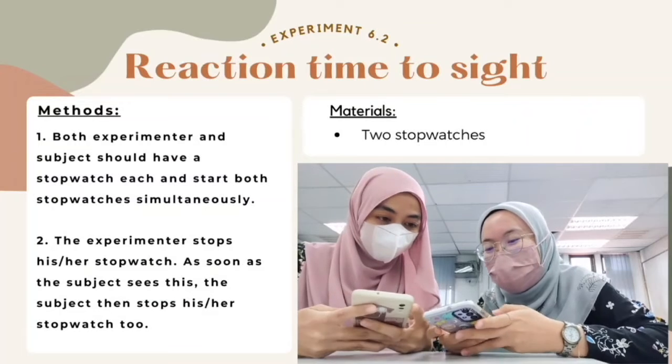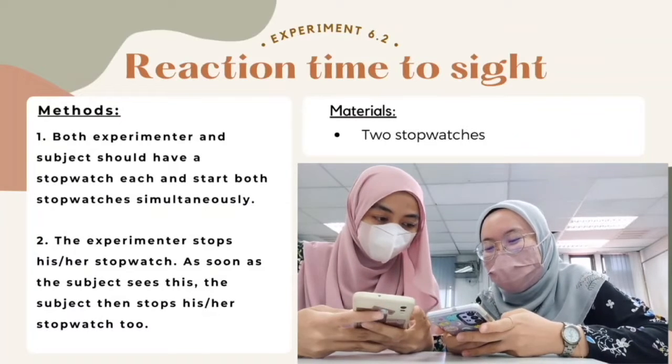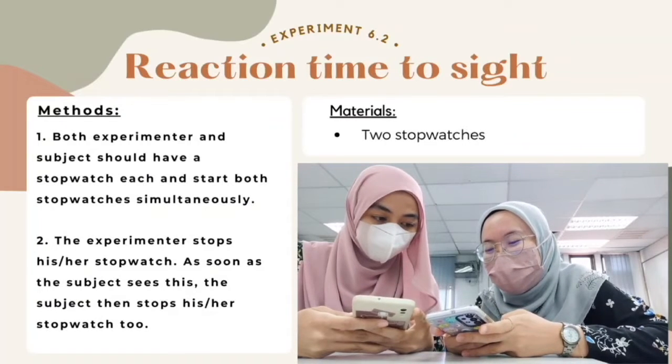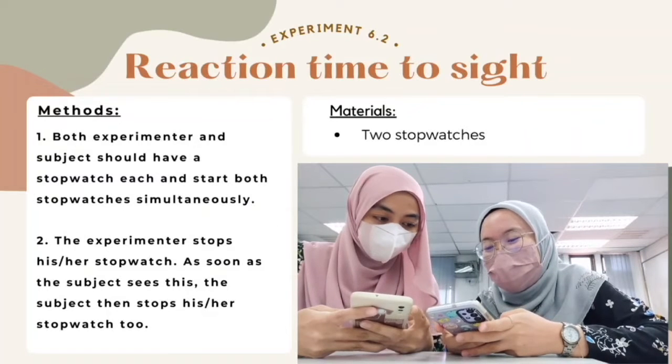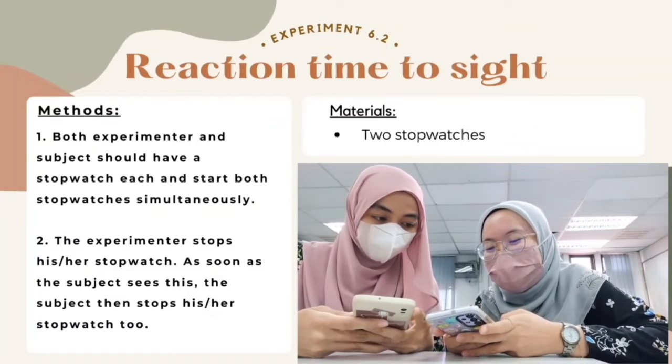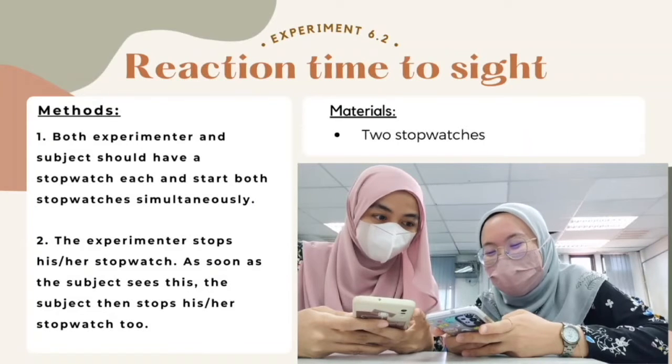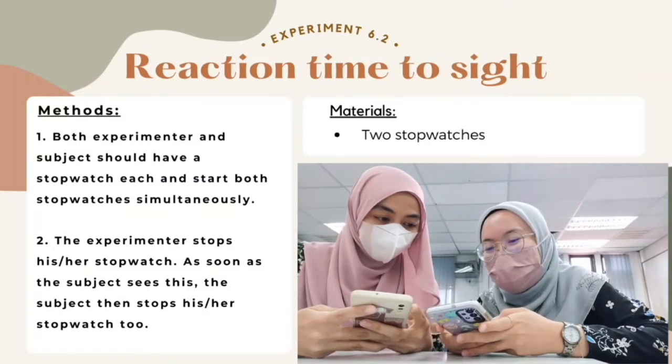For the second experiment, which is reaction time to sight, the materials we need are 2 stopwatches. First, both experimenter and subject should have a stopwatch each and start both stopwatches simultaneously. Next, the experimenter stops his or her stopwatch.